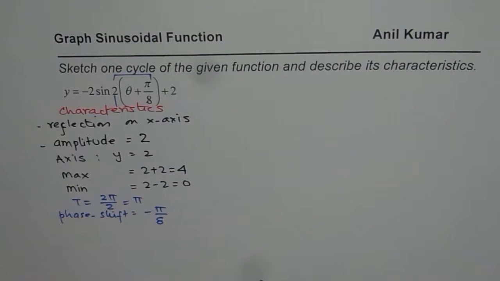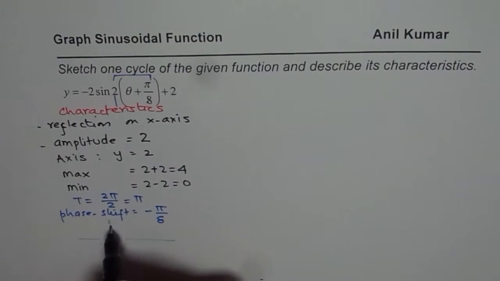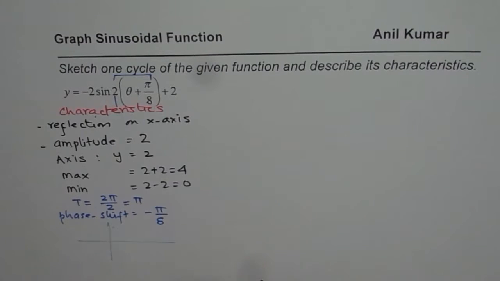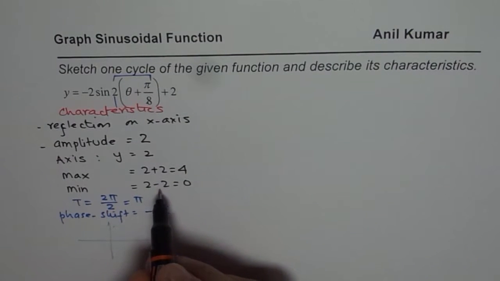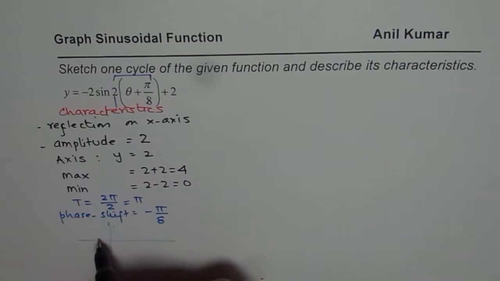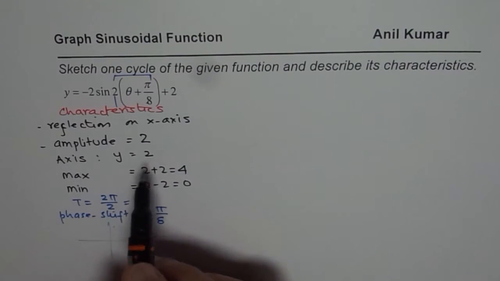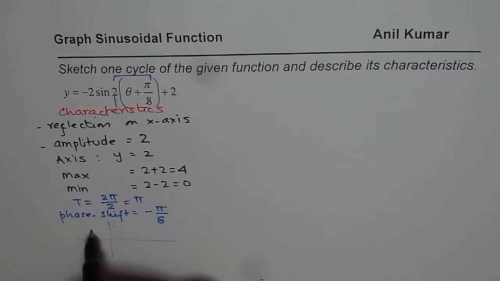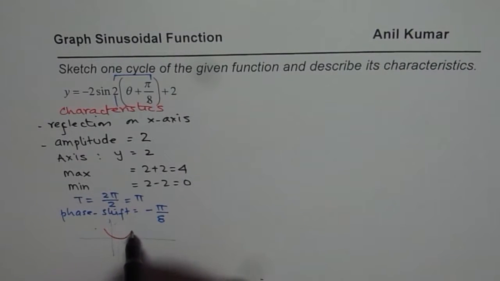If I have to roughly sketch this graph, it looks like starting with the minimum, which in this case is 0, and going to the maximum, which in this case is 4, and the axis being at 2. So it starts kind of like this, moves some units here, so it could be kind of like this.